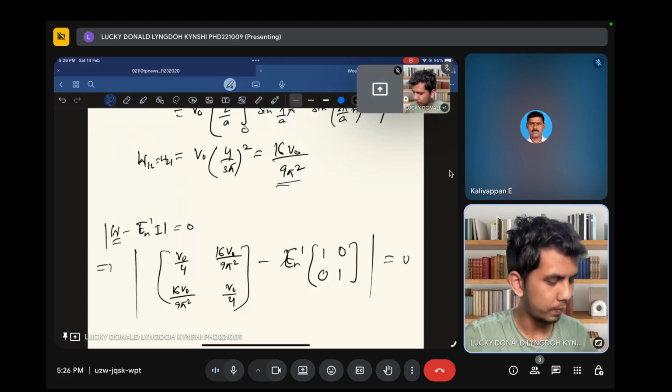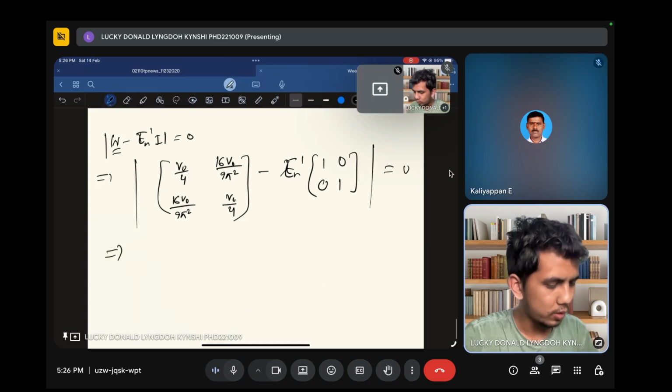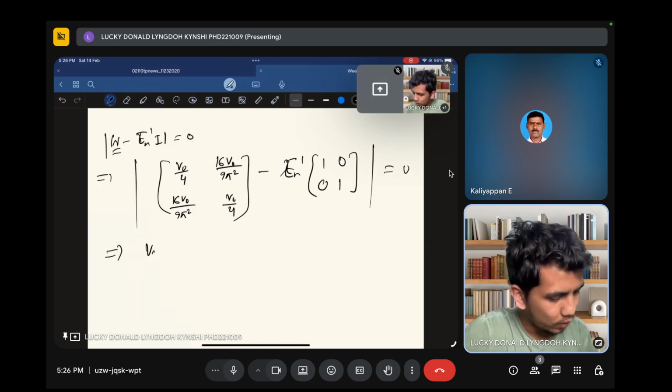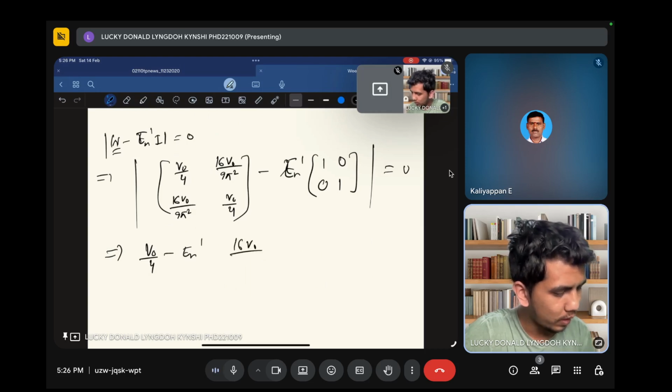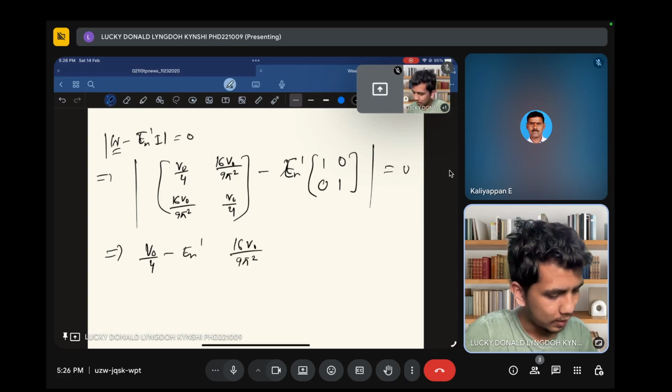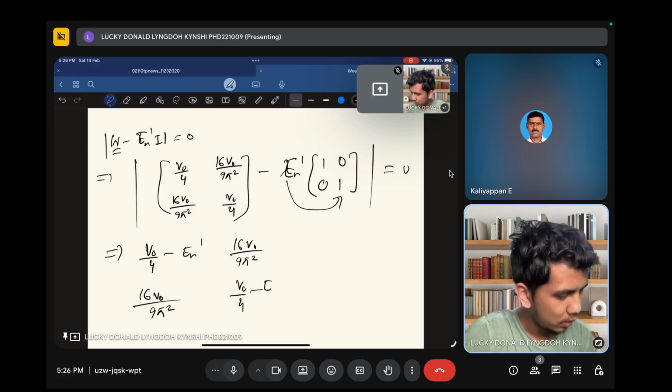This is the determinant. Now you can just write it out, it's very simple. V naught divided by 4 minus E_n1 into 1, you get E_n1. This term will become 16 V naught divided by 9 pi square, the same thing, and V naught divided by 4 minus E_n1.